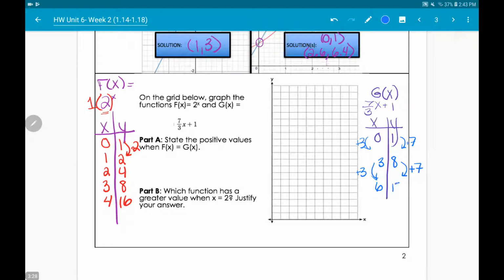I can also plug these into the calculator and get the same answer, but I just chose to do it by hand for the sake of time. So I'm going to plot this.